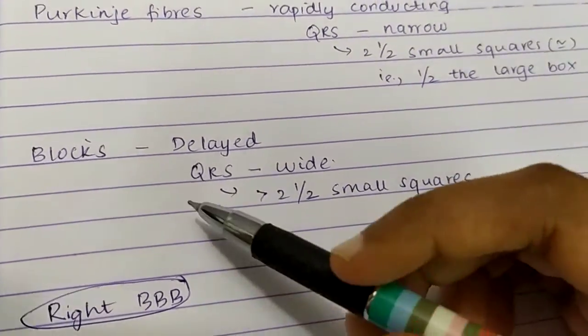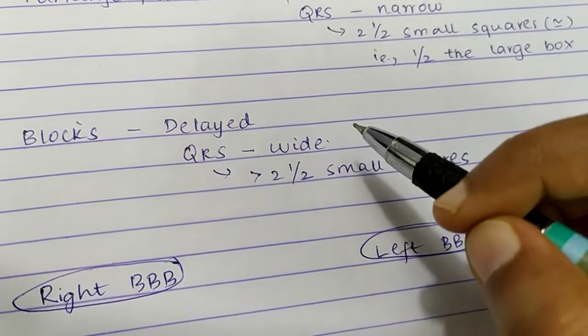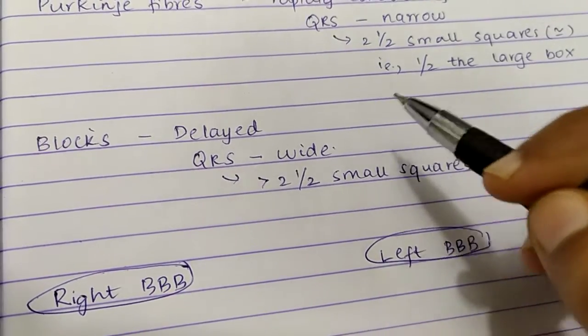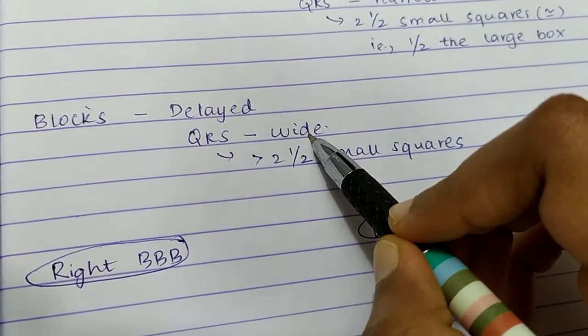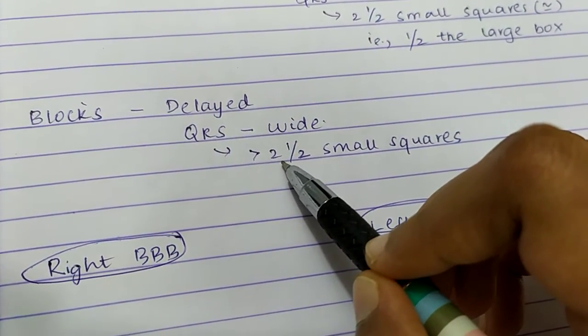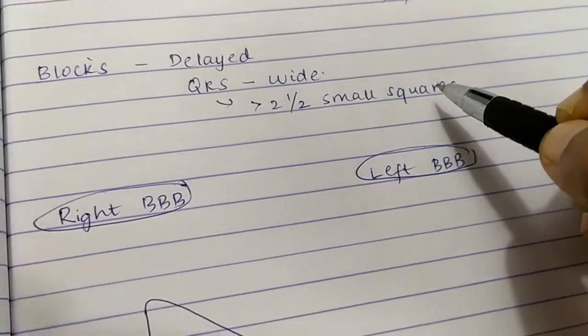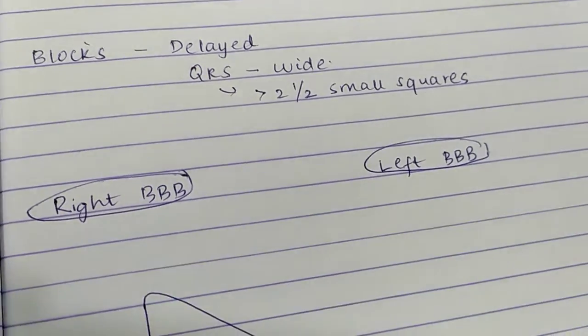But in conditions of blocks, depolarization proceeds through a slow myocardial route leading to delayed conduction into the concerned ventricles, producing a wide QRS which measures more than 2.5 small squares, ultimately producing the characteristic QRS morphologies.